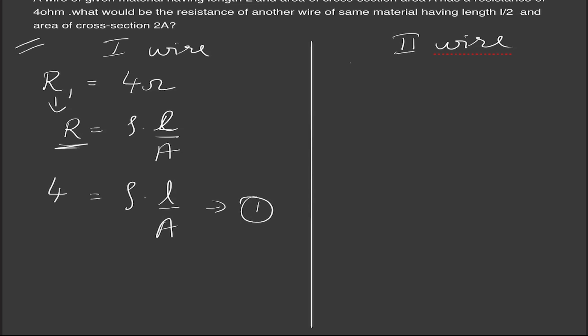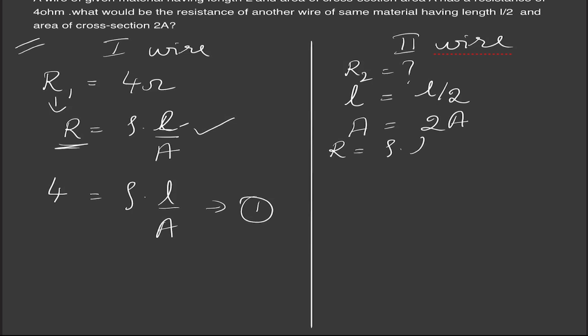Now coming to the second wire, we are supposed to find its resistance using the same formula. What is the length of the conductor they have given? Earlier it was L, now it is L by 2. And what is the area of cross section they have given? It is 2A. Using the general formula R is equal to rho into L by A, in place of L I will substitute L by 2 because for the second wire the length is changing to L by 2 and area of cross section is changing to 2A.